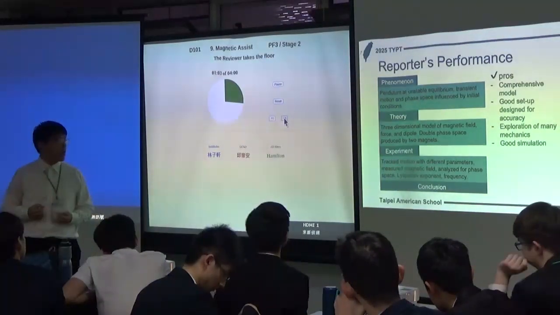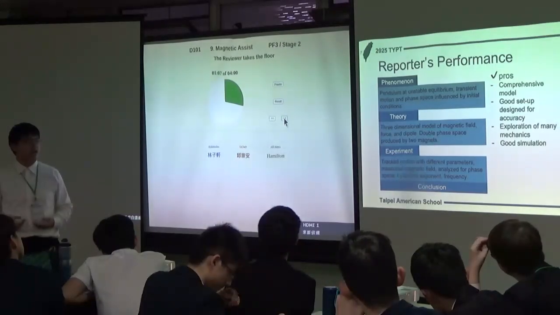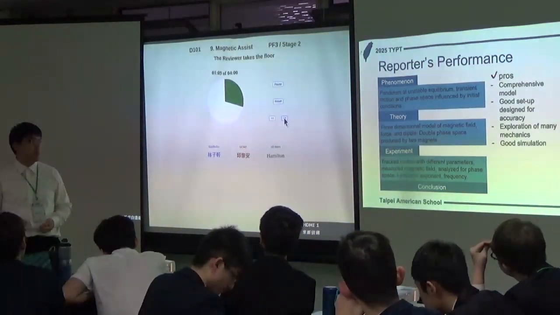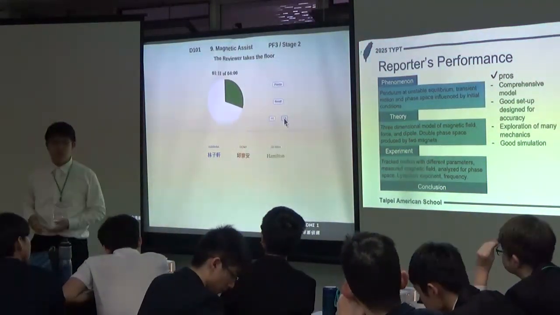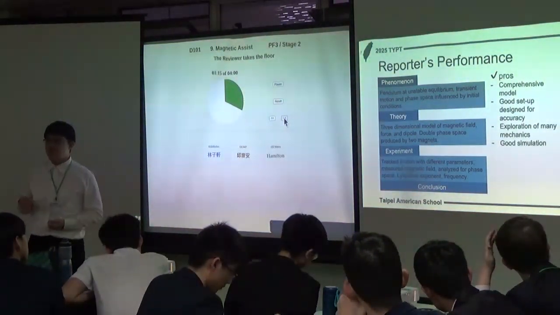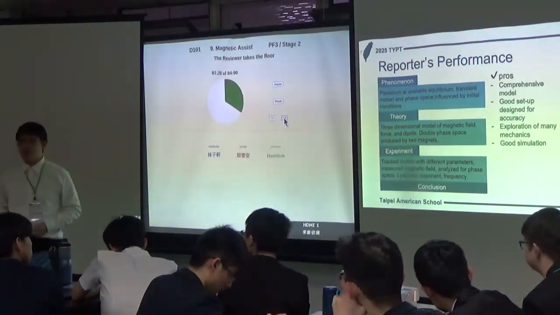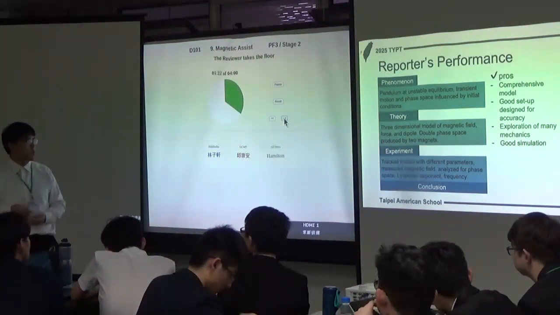The reporter gave a really comprehensive model and designed a setup for accuracy. They explored many of the mechanics and also gave a good simulation. However, I think that they did not address some errors. Their graphs were sometimes unlabeled or unclear on what they were supposed to display.